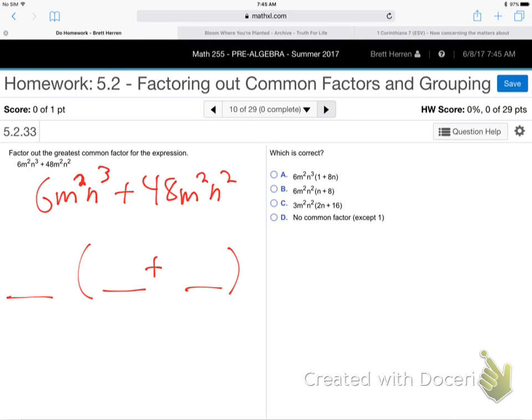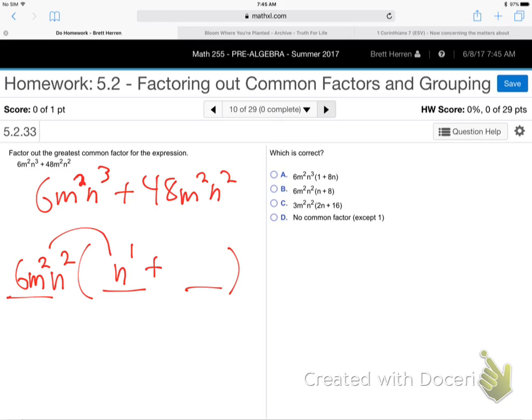So what goes into 6 and 48? 6 does. And then what power of m? 2. What power of n? 2. That makes sense? Lowest m, lowest n. And now what goes 6 times what here? What are we going to put in this first one? n to the first, that's all.